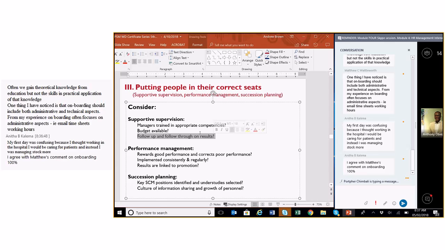If we don't, as managers, follow up and follow through, then that is also a very bad situation.